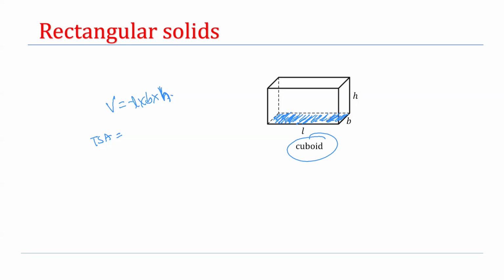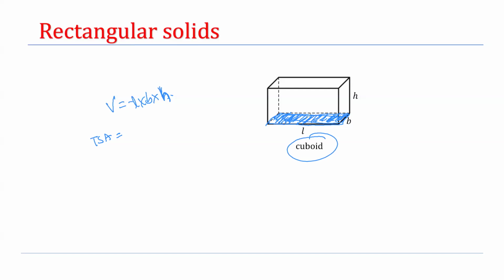Sir, do you mean lateral surface or total surface area? I'm trying to find total surface area, but first tell me what is the area of this surface? This bottom there is a rectangle, right? Yes, sir. What will be that area? 2 into L plus B, sir.